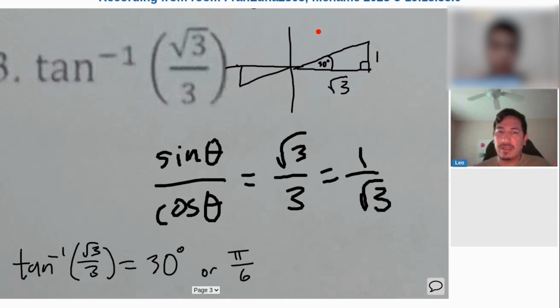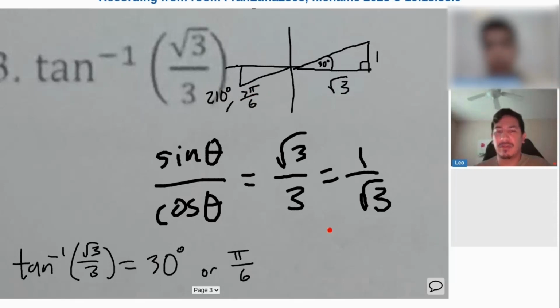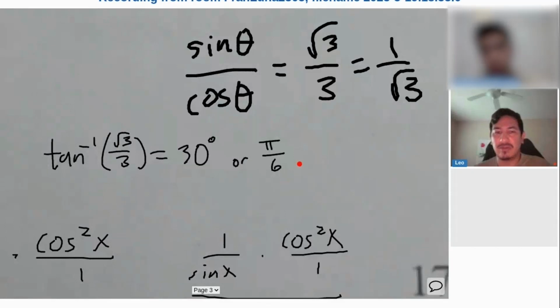That angle is 180 plus 30. So that's 210? 210 degrees. Or we can call it pi plus pi over 6, which is 7 pi over 6. So we have two answers for this thing. It's this value, and it's also 210 degrees, or 7 pi over 6.